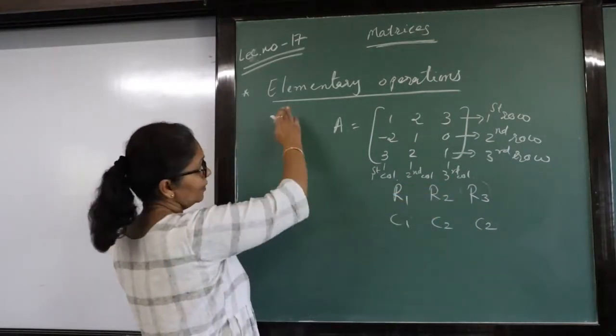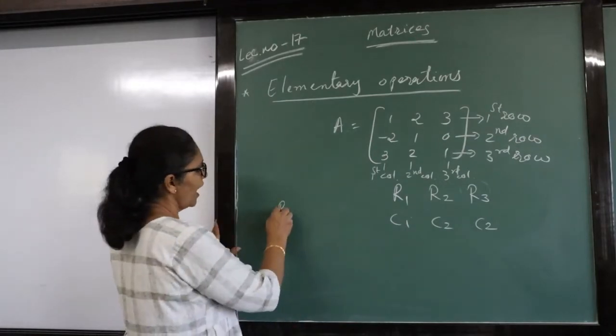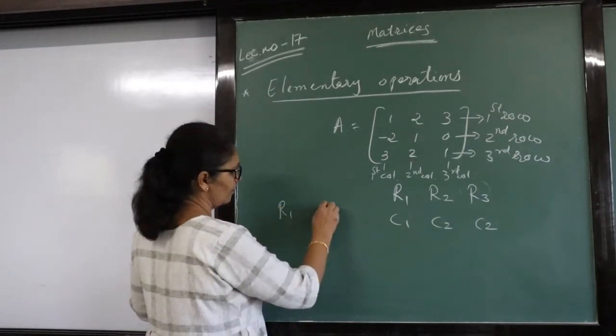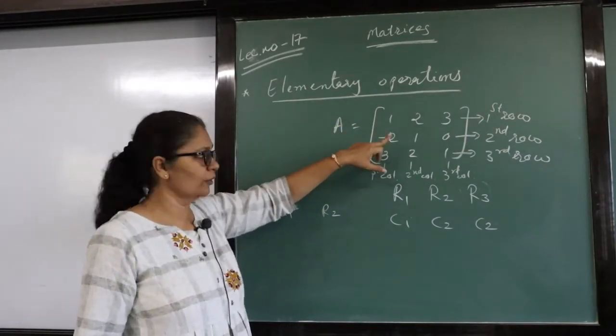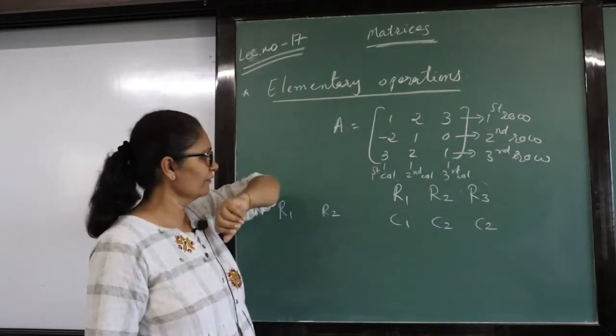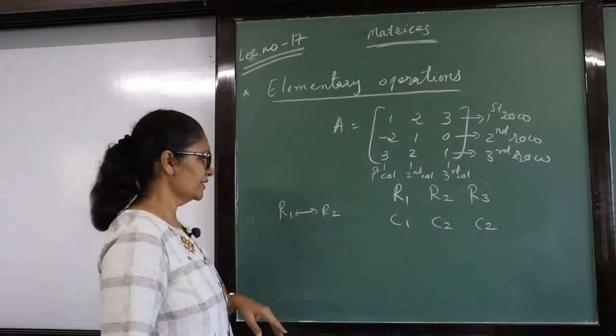Now in elementary operations we have to learn the same thing. Suppose I want to interchange R1 and R2. In place of R1 I want to write R2, and in place of R2 I want to write R1. Then how can I write it? I can write this symbol.